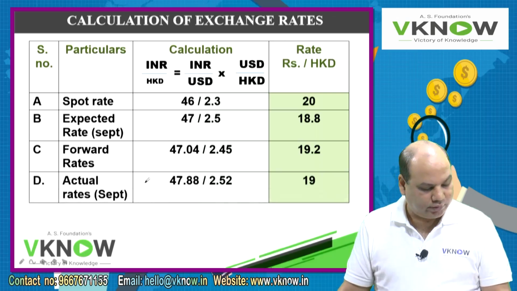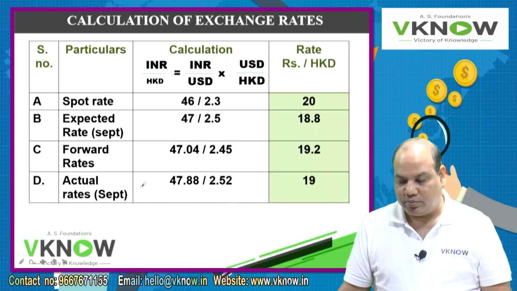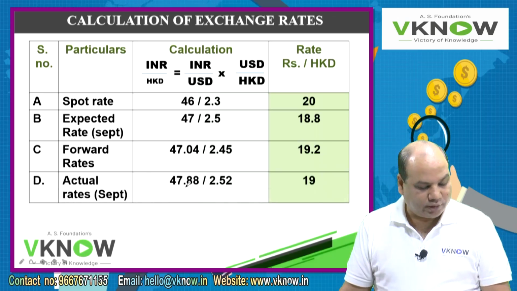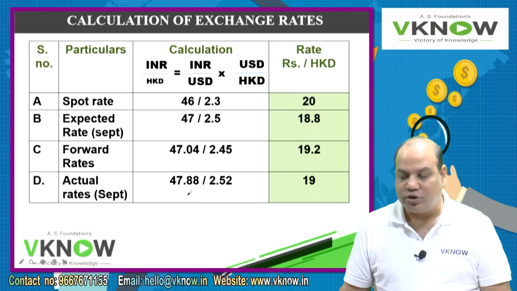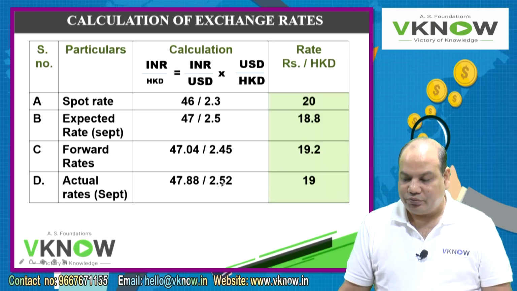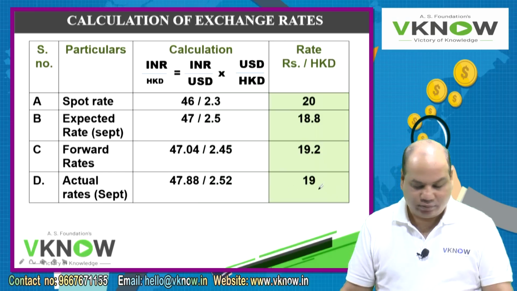Actual rate. Last paragraph, last line: 47.88 divided by 2.52. We are getting 19.